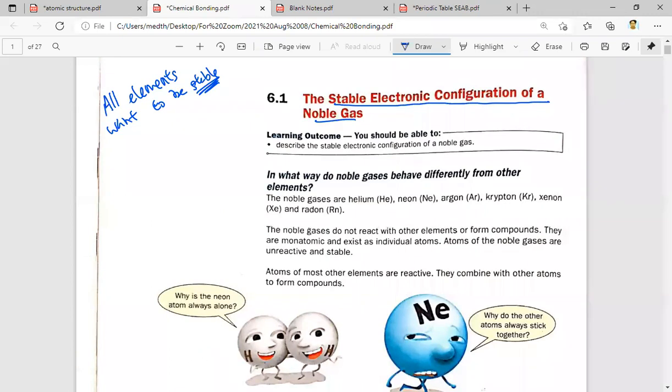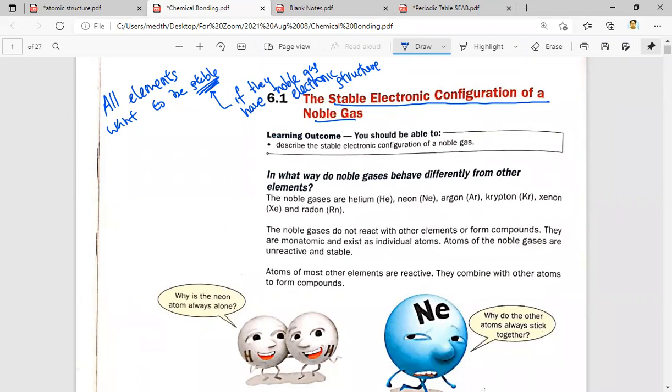How can an element become stable? They can become stable if they have what we call the noble gas electronic structure. I say again, all elements can become stable if they have this thing called the noble gas electronic structure.